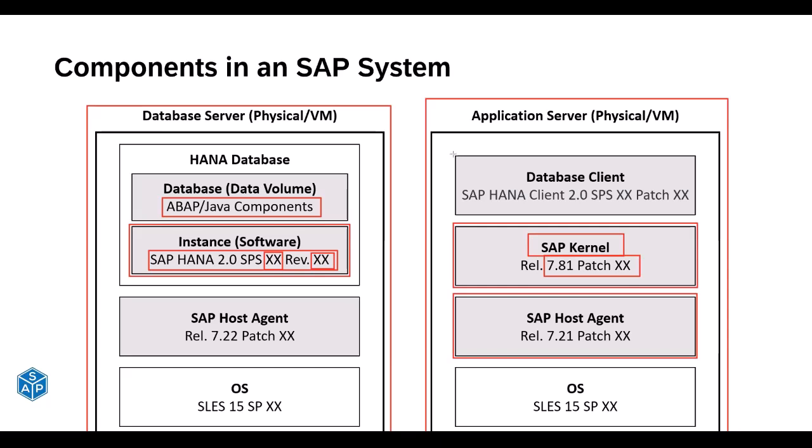You can also upgrade your database client. It will be similar to the version of your HANA database. The only addition here is the client part. Otherwise, everything will be the same: SAP HANA 2.0, SPS, the SPS version and the patch version.